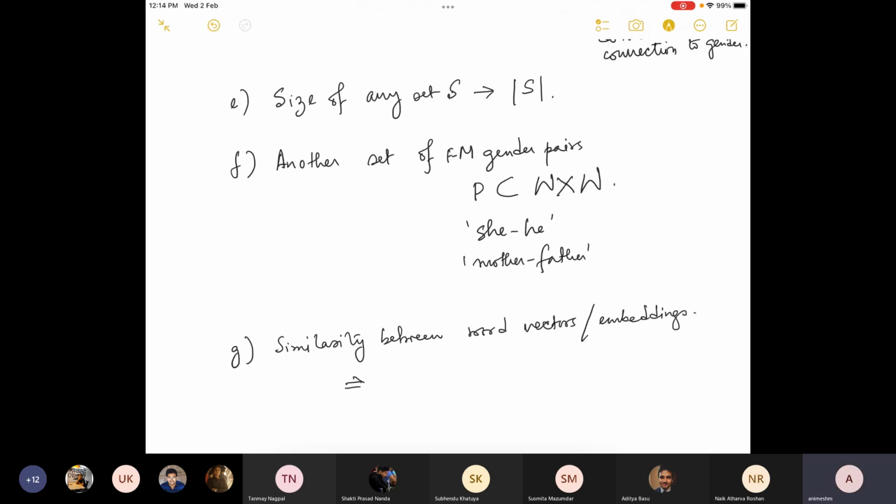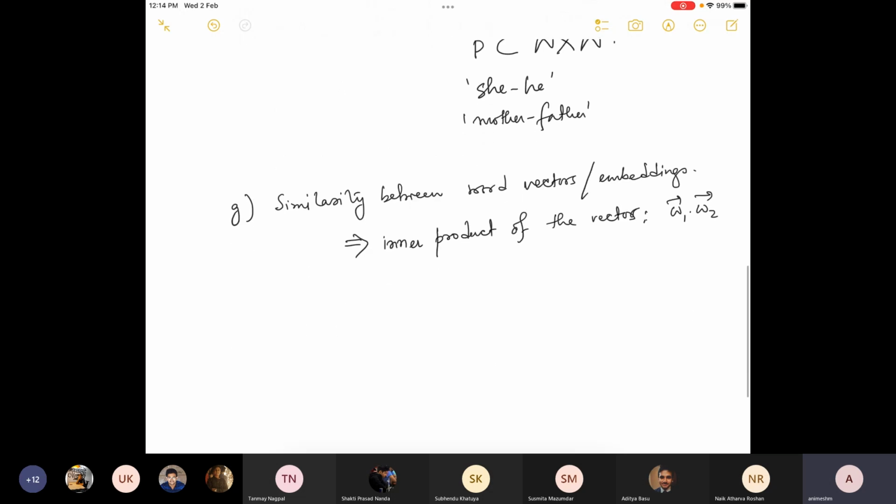Similarity is measured simply by the inner product of the vectors. So simply the inner product of the two word vectors, say w1 and w2, represents the similarity between the two words.